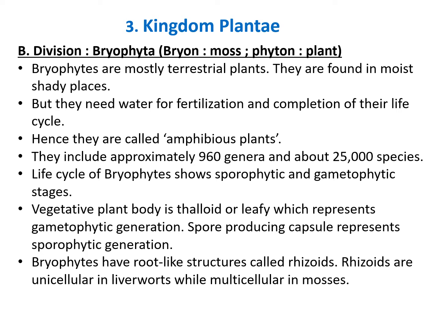The vegetative plant body is thalloid or leafy, which represents the gametophytic generation. Spore-producing capsules represent the sporophytic generation. Bryophytes have root-like structures called rhizoids.